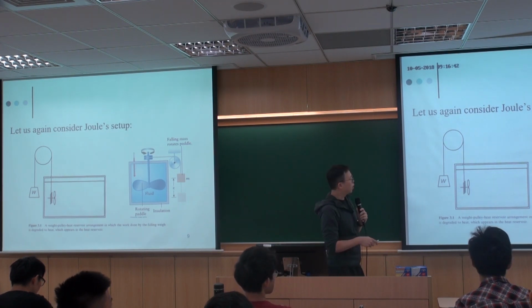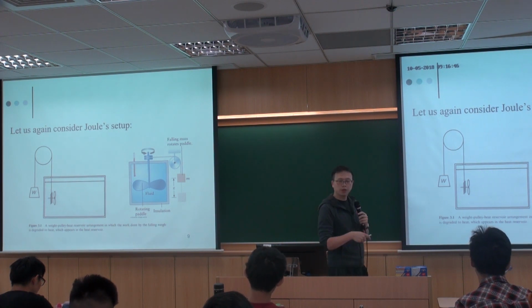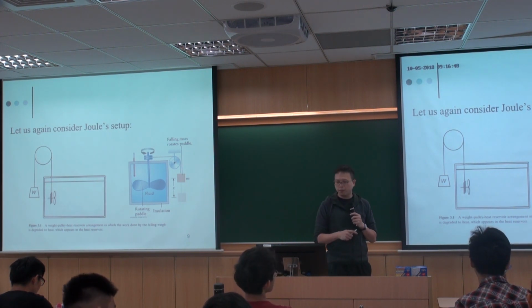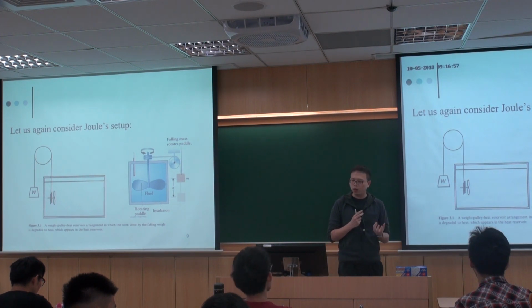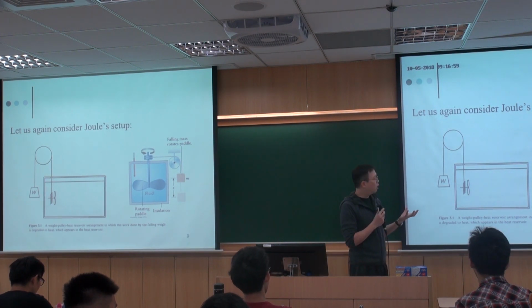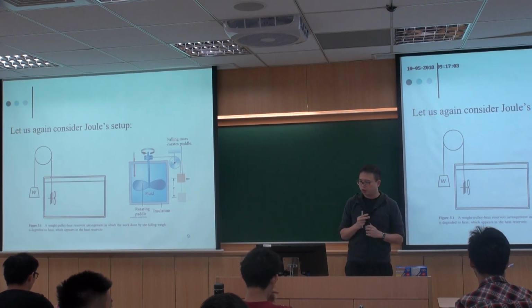And in Joule's setup, we know that when this paddle starts to rotate, it will heat up the fluid inside. Typically, it's water. And then you can measure the change of temperature because the heat is being absorbed by the water. Therefore, the temperature of water will be increased.